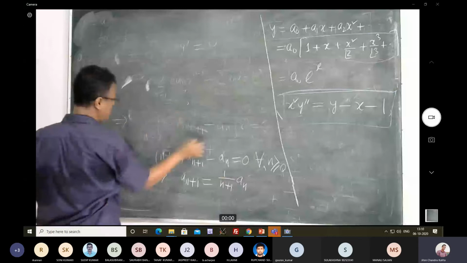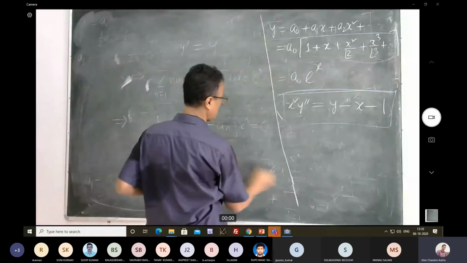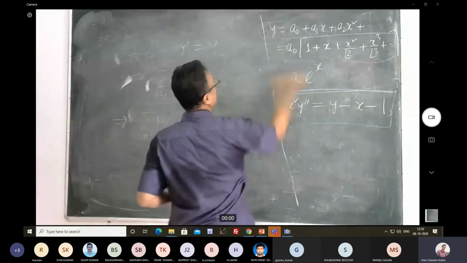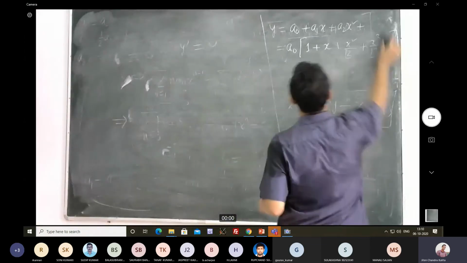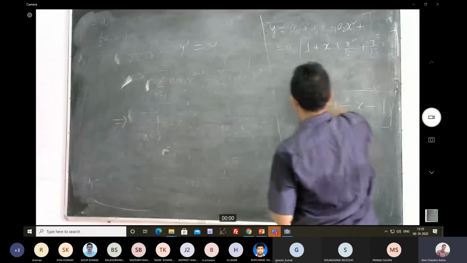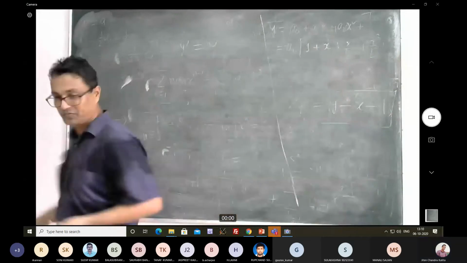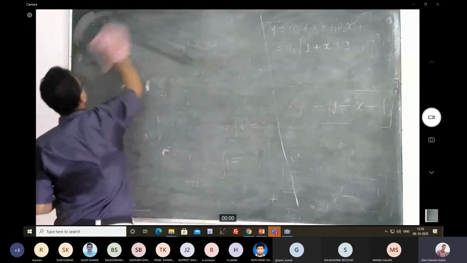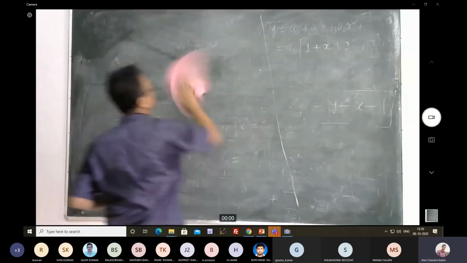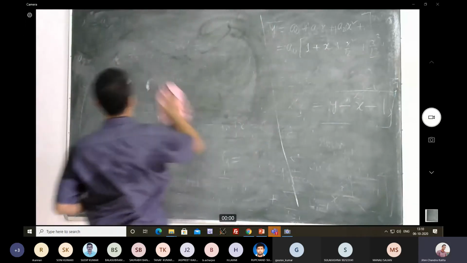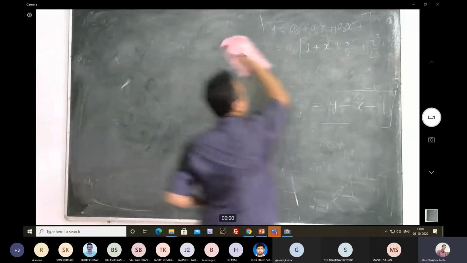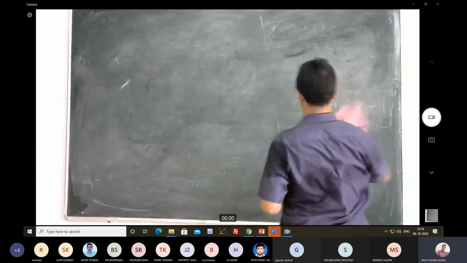Second order linear differential equation using power series. Okay.